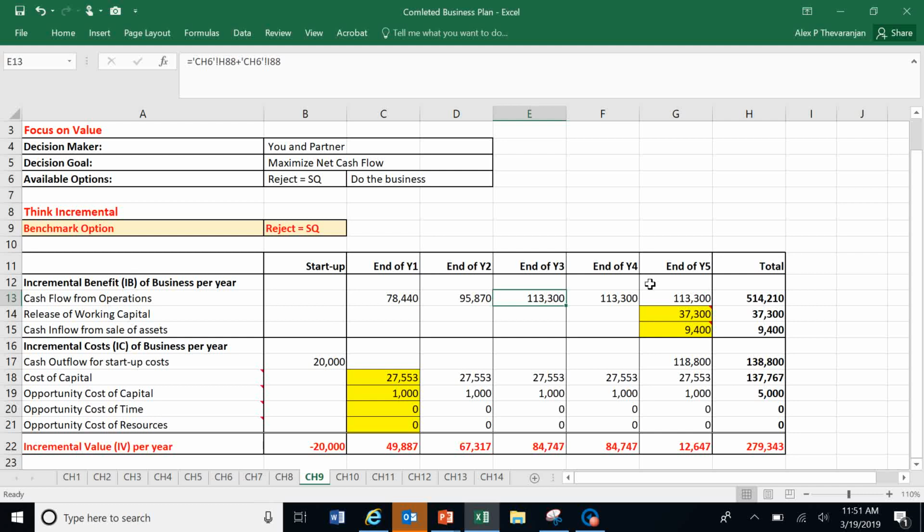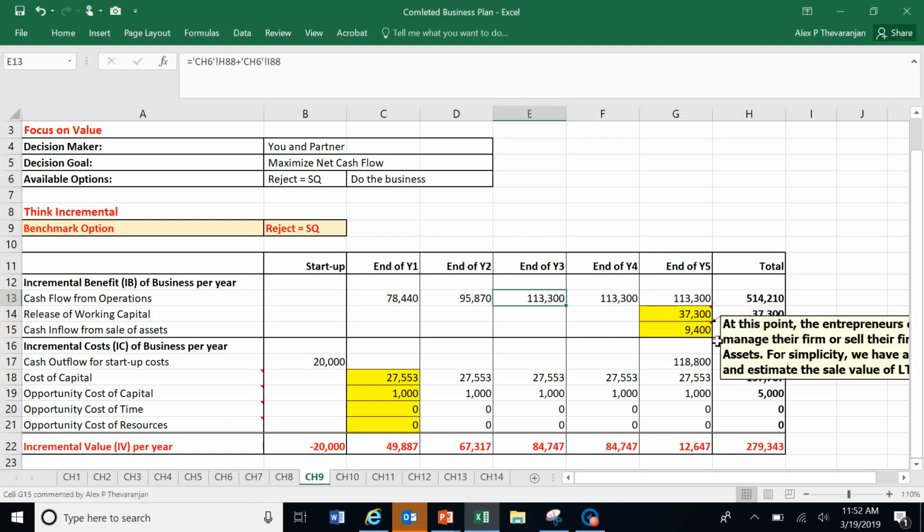But then we ask, is there anything else that's going to bring you cash flow? One thing you realize is, why are we doing this only for 5 years? Just because we predicted cash flows for 5 years? What happens at the end? Normally entrepreneurs start a business, get it to work, get it to a steady state, then sell it.